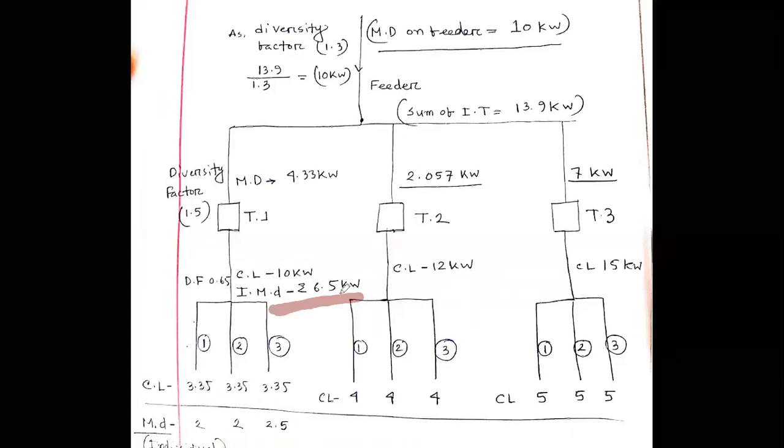But my question is, if these three people are using their electricity at the same time, when the transformer is supplying power to these three consumers, at that same time the maximum demand on that transformer will be 6.5, because everyone is using their power at the same time.